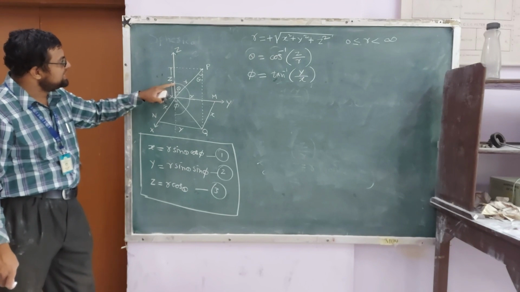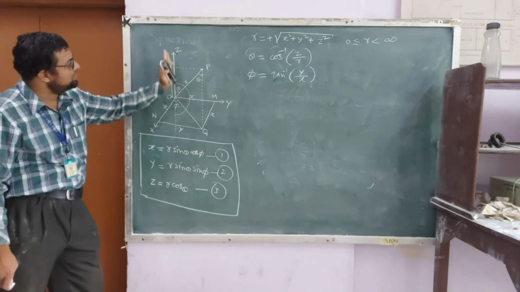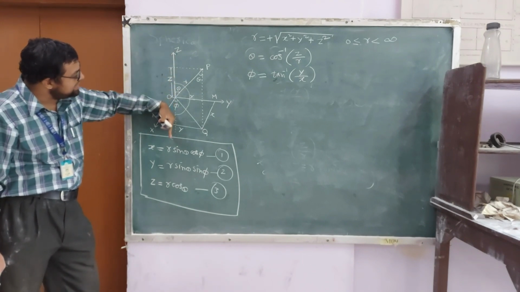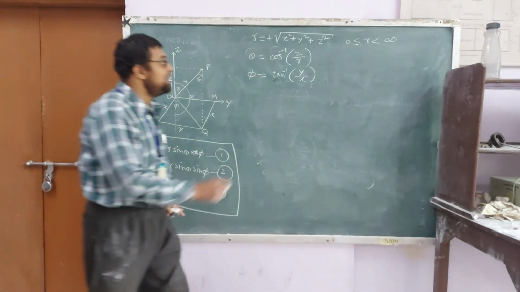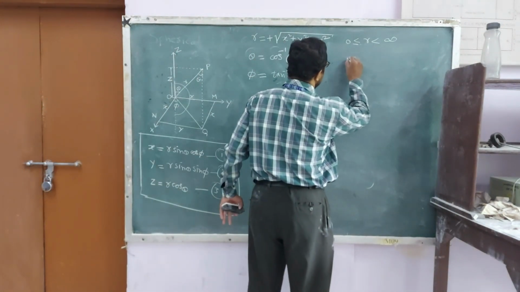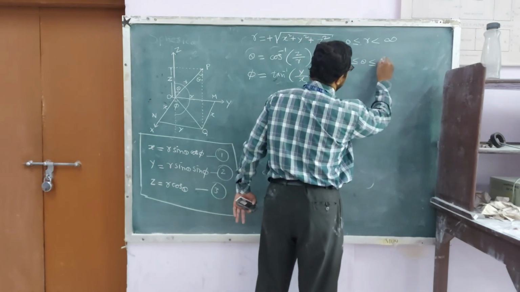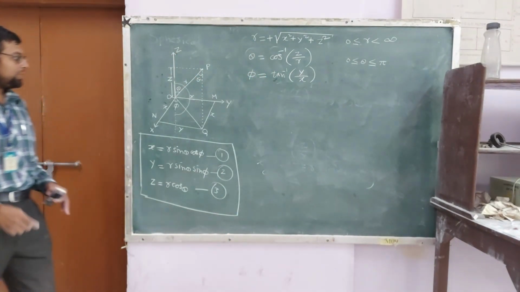The range for theta will be 0 if it is along the positive z axis, and if it is along the negative direction of z axis, it will be pi. So theta goes from 0 to pi: 0 less equal theta less equal pi, that is the same as 180 degrees.